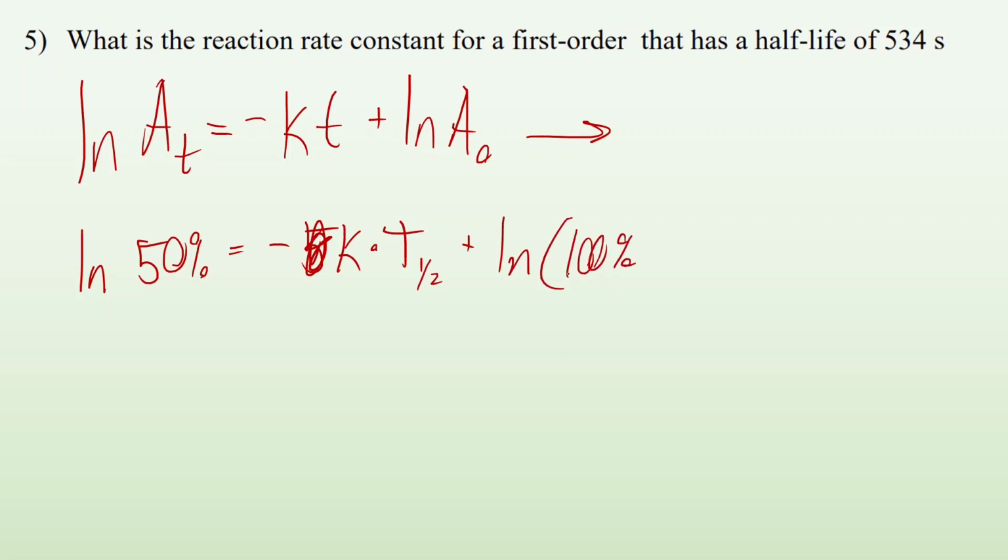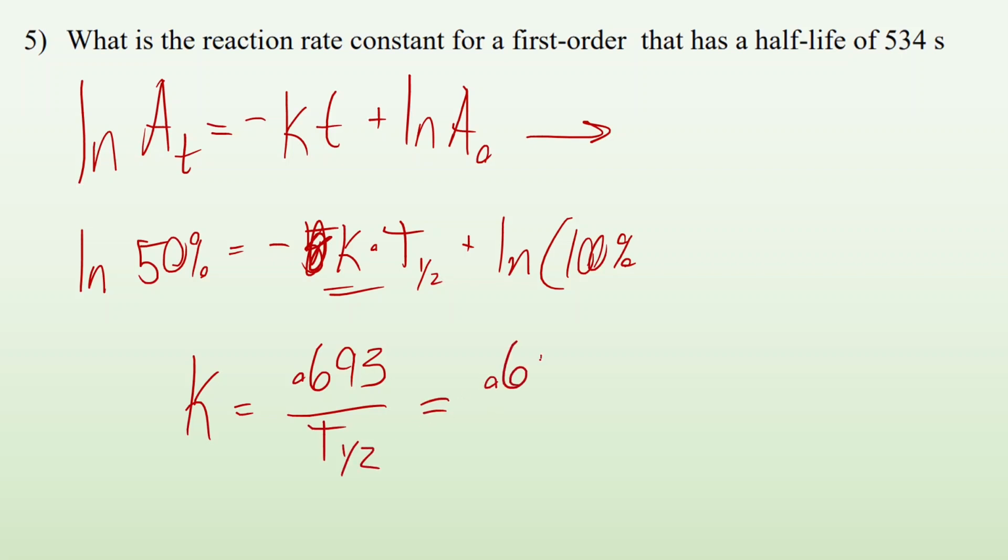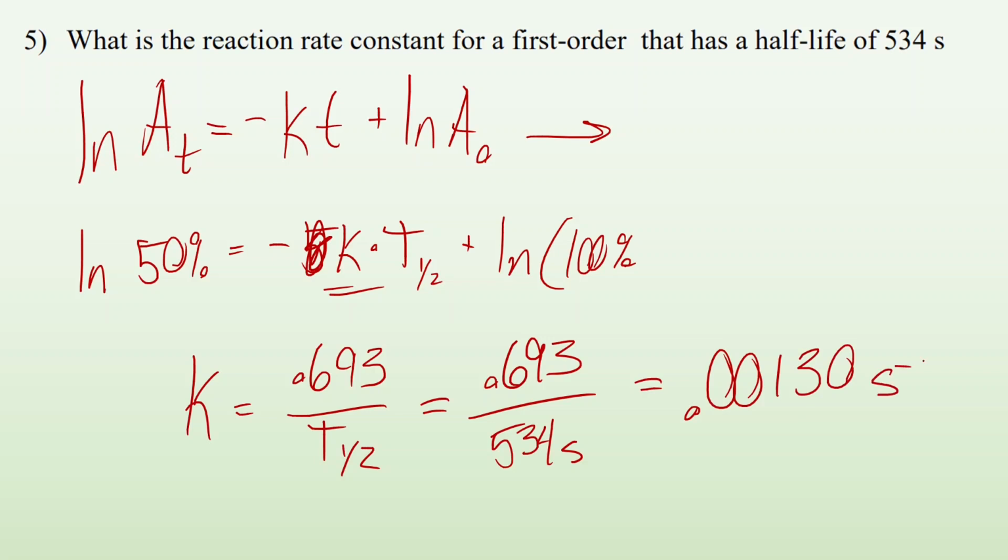When you solve for k, you end up with k equals 0.693 over t1/2. Now I can just plug that in: 0.693 divided by 534 seconds, and you end up with 0.00130 per second as your k.